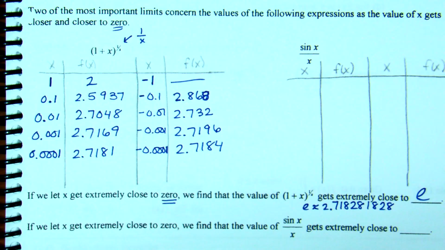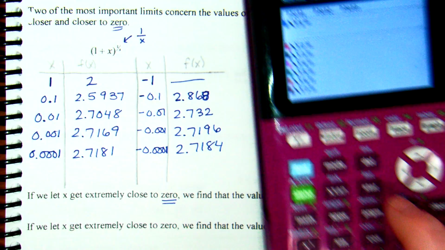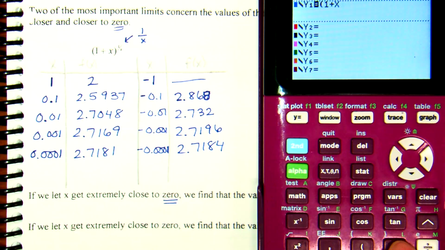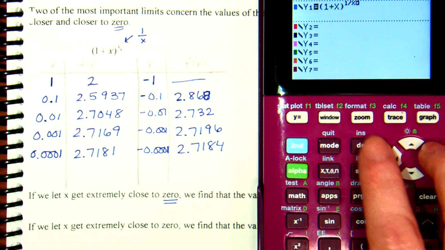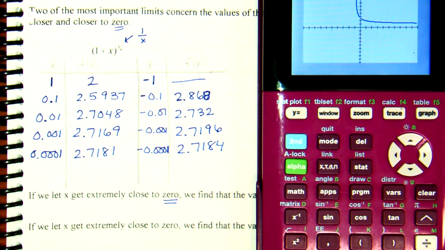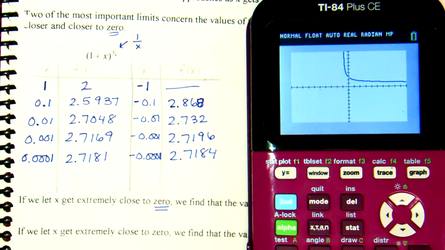Okay, being able to examine, this is something we have to be able to do in calculus, looking at both sides, seeing what it's looking like. If I graph this, I'm going to graph this for you real quick. As x is getting closer to 0, where is that on my graph?